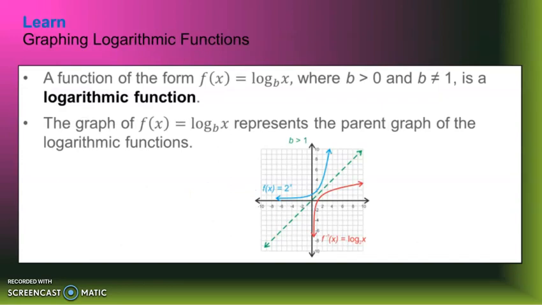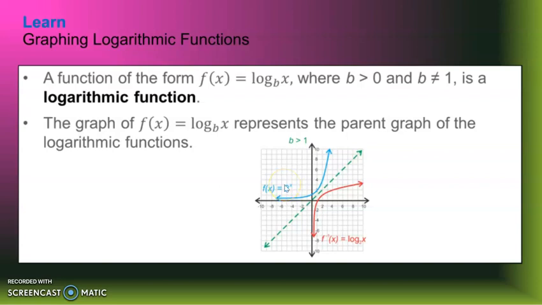Now, graphing logarithmic functions. A function of the form f of x equals log base b of x, where b is greater than 0 and b cannot be 1, is a logarithmic function. The graph of f of x equals log base b of x represents the parent function, which would be in red. The exponential is in blue here.